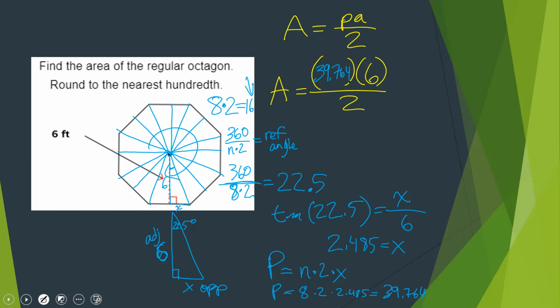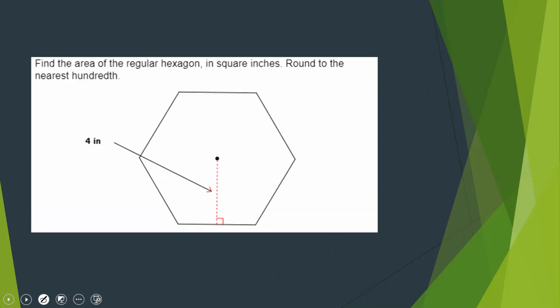And now we can finally just plug all that into our area formula and get our area. In this case, that's going to be 119.29 feet squared.